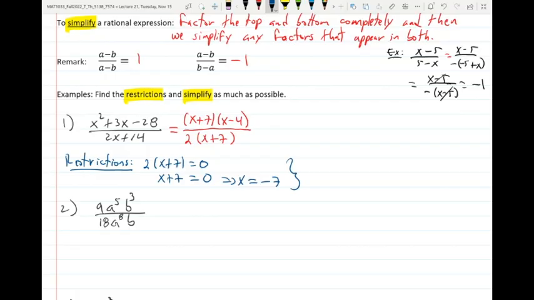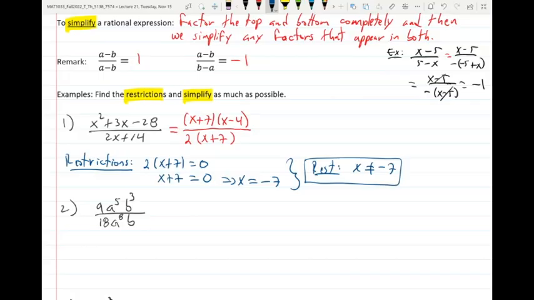So my restriction is x different than -7. In other words, this expression makes sense as long as x is not -7, because if you put -7, you're in trouble in the bottom.